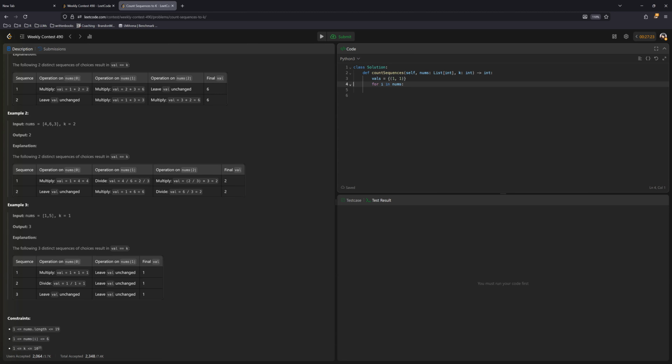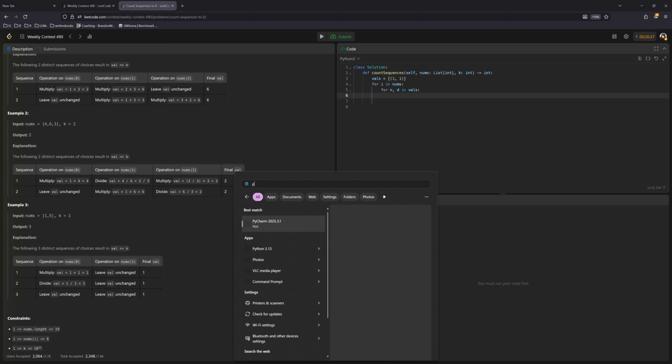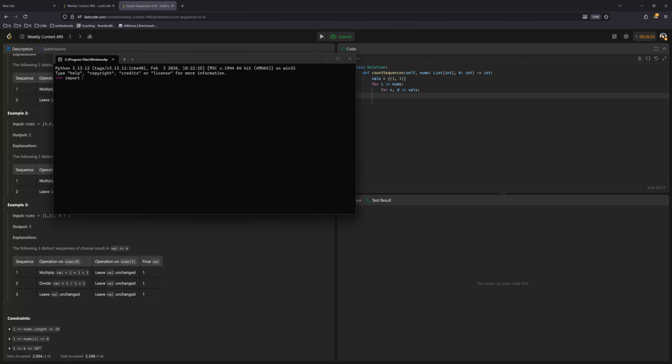Let's make this 1, 1. Okay. For, yeah, now our three choices are going to be, we have to, okay, import math, greatest common divisor.